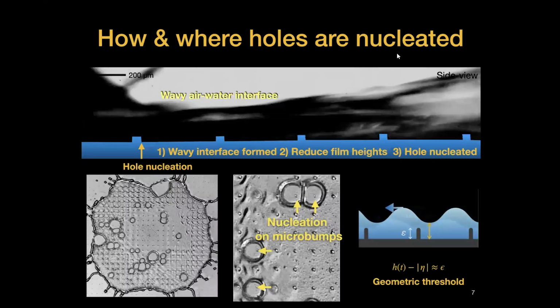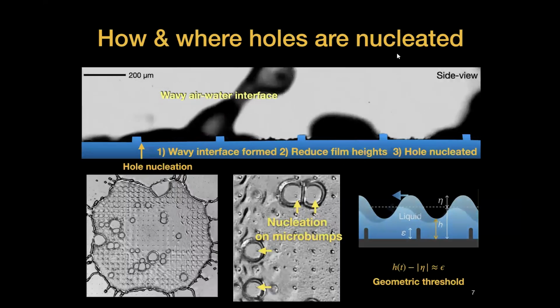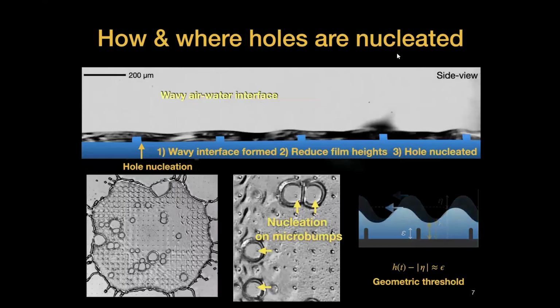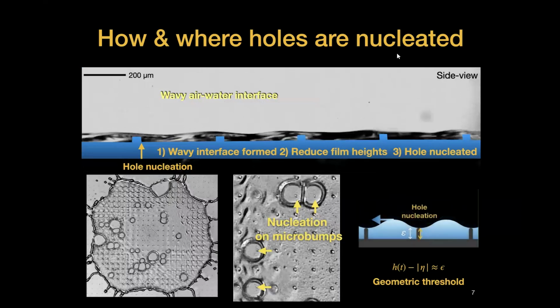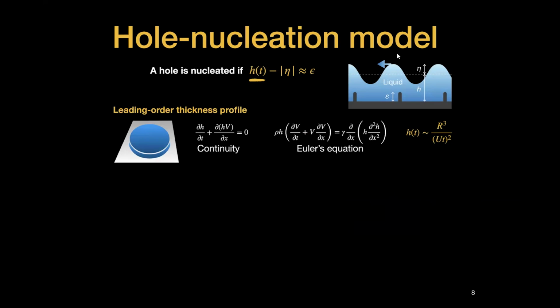What we are trying to understand is when the lower part of the upper interface touches the top of this bump. That is the geometric threshold we look for from the theoretical model on the next page. In this geometric model, we look at the continuity, which is how the film gets thinner as it spreads radially outward.